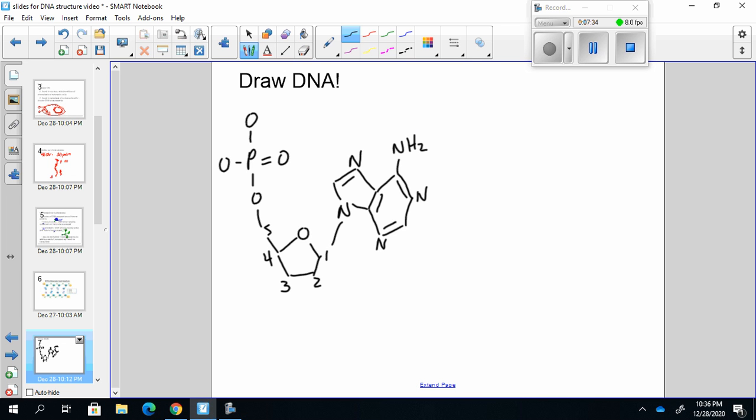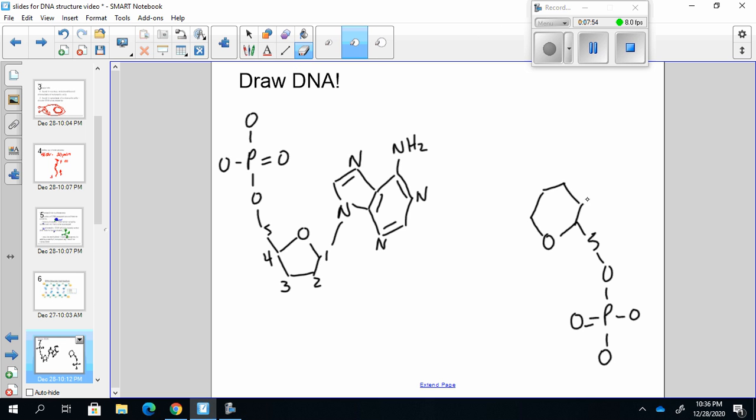Now we have to draw another nucleotide on this side. So this time we're going to start with the phosphate group down here. And that's attached to the 5-carbon. So then this will be my O. Oops, I made it have too many sides. All right.